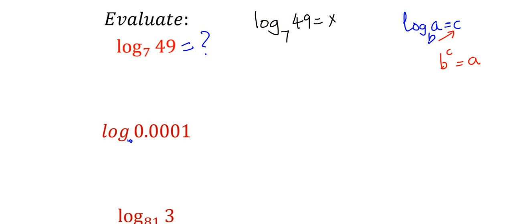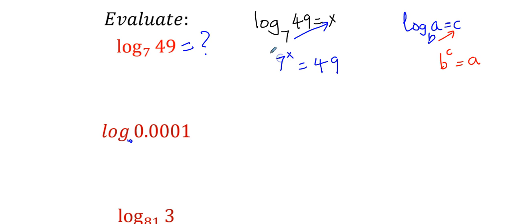So using that idea or the definition of logarithms, what happens here? This is 7 to the power of x is equal to 49.